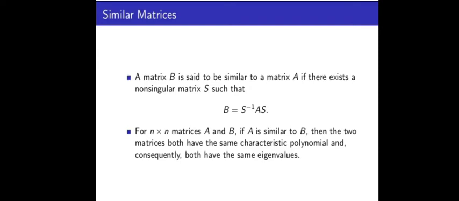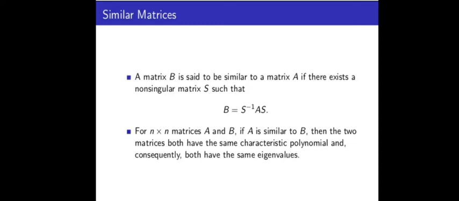Now next, what do I mean by similar matrices? A matrix B, capital B, is said to be similar to the matrix capital A if there exists a non-singular matrix S such that B equals S inverse A S. Non-singular matrix means the determinant value is not equal to 0.